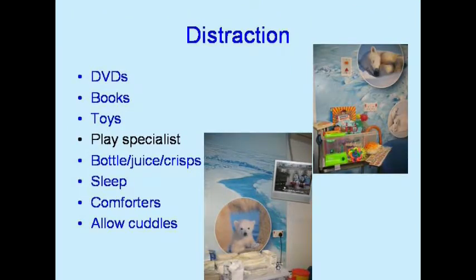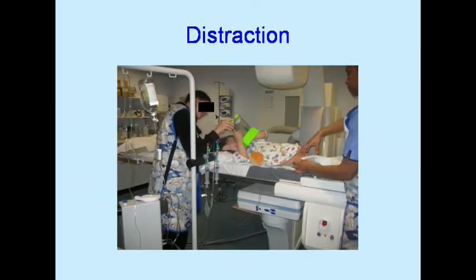It's important that there are several facilities, if you like, to distract the child in the form of DVDs, toys, comforters. The role of the play specialist cannot be overemphasized. Parental contribution to this study to allay the anxiety of the child is very important.